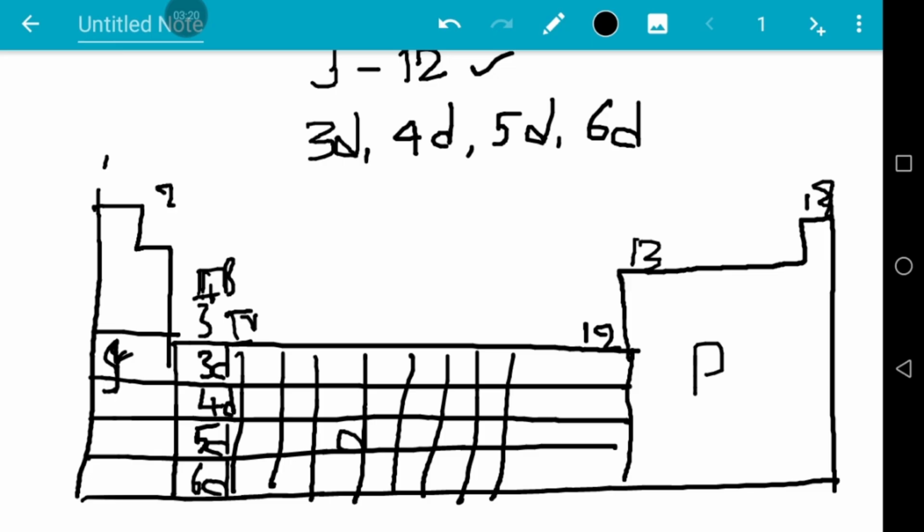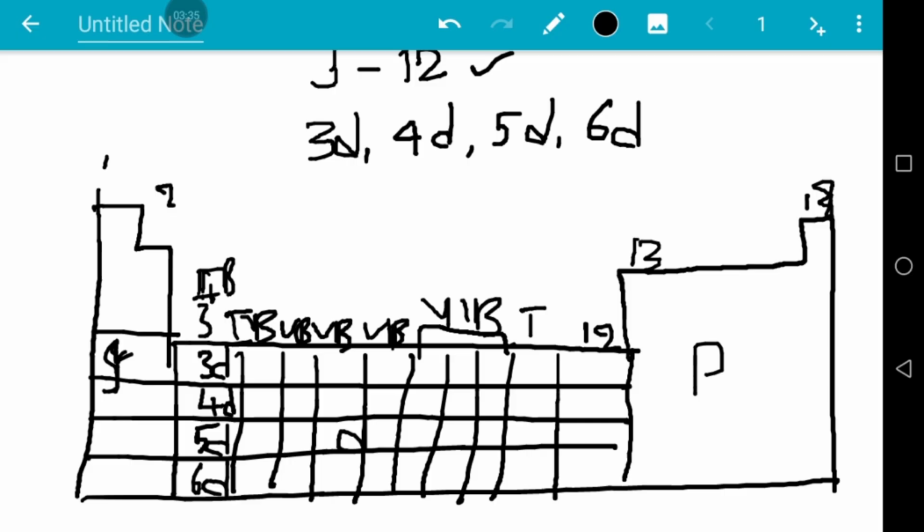These 3 groups are also 8B only. Next, the 11th group is also called 1B, and the 12th group is called 2B. So this is the naming in Roman numerals.